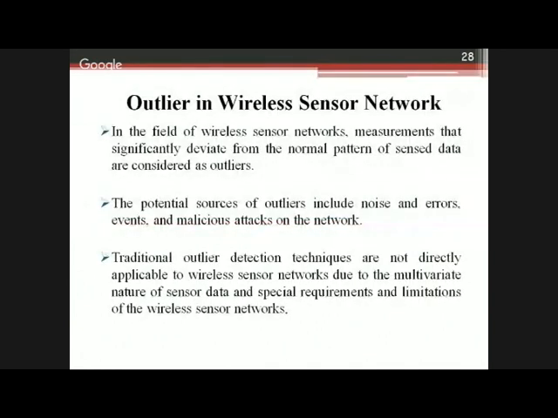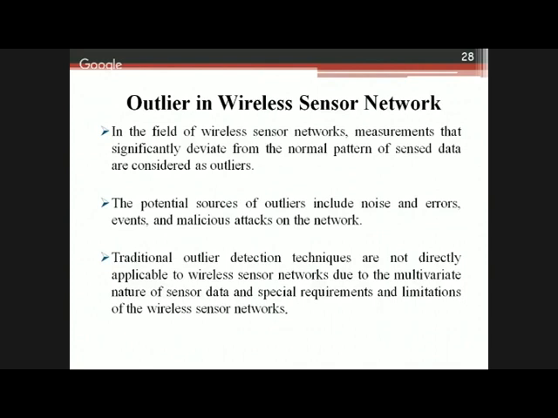Outliers in wireless sensor networks, and they are also going to affect our embedded systems. When I use this word outliers, it means measurements that significantly deviate from the normal pattern of sensed data are considered as outliers. Means the measurements I actually require, if they deviate from their originality, that's what outliers do, outliers in wireless sensor networks.